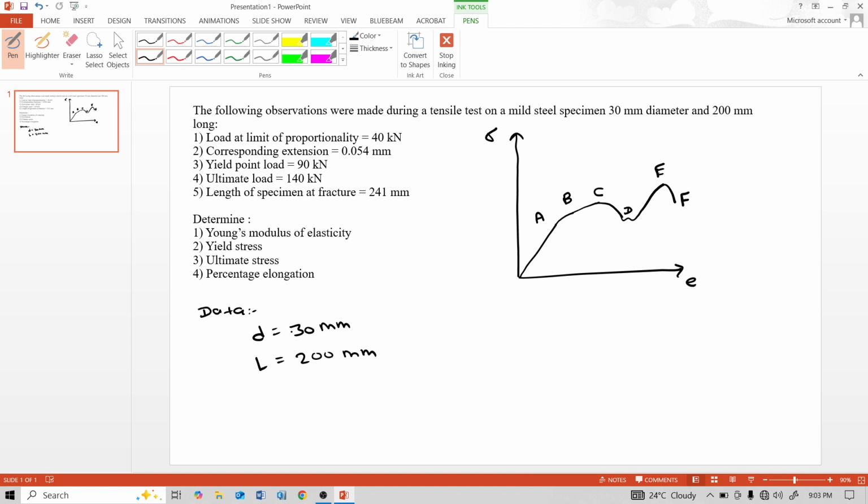Load at limit of proportionality: the load at this point A is 40 kN, and up to this point B, the elastic limit point, there is elastic region. That's why this is the load at elastic limit, and load is denoted by P. Therefore, PE is equal to 40 kN.